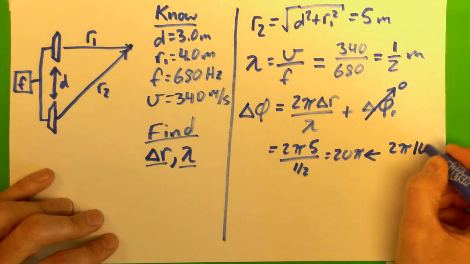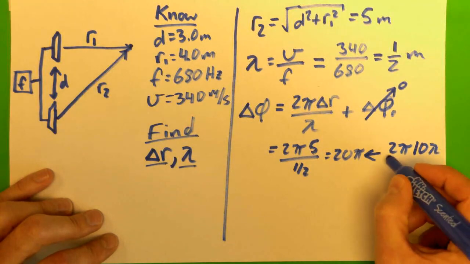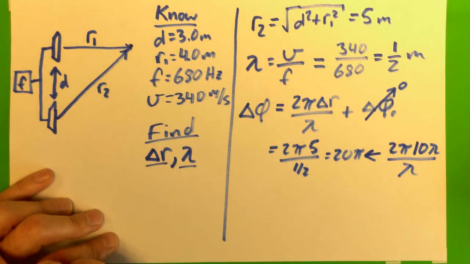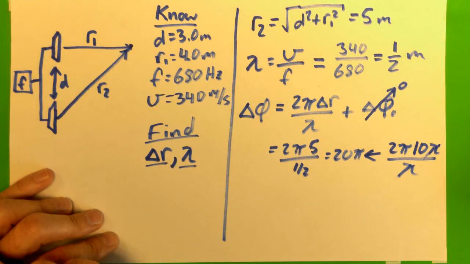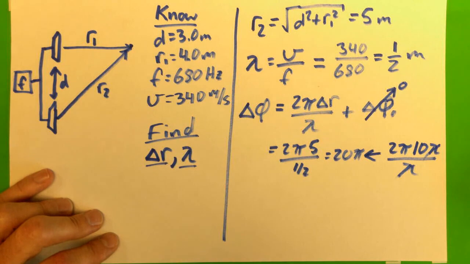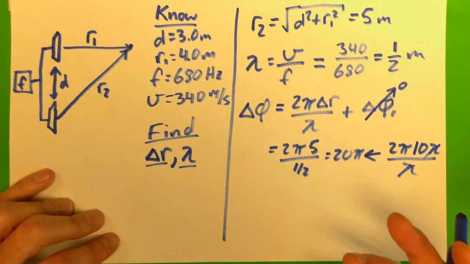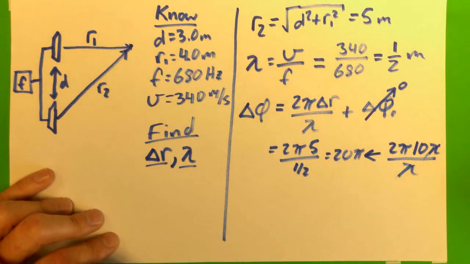So that's just 10 lambda, divided by whatever the wavelength was, and we can just cancel out the wavelengths. Get the same answer. Instead of worrying about numbers per se, we're worrying about the ratio of wavelengths it is, and so we can see it there. It's 10 wavelengths different.